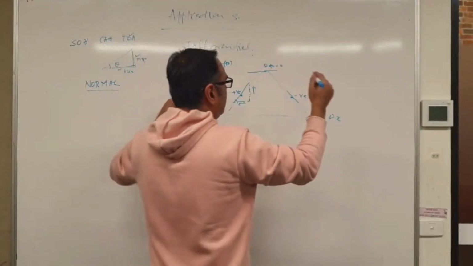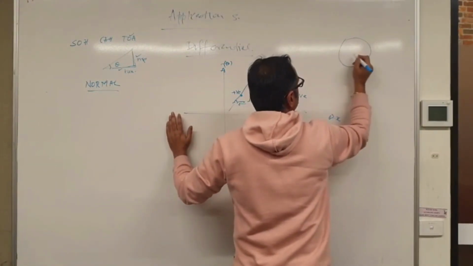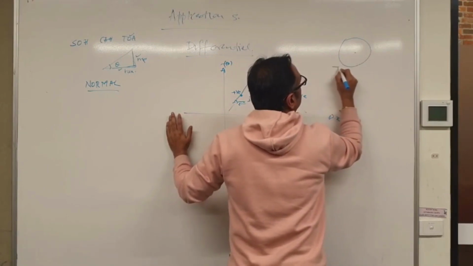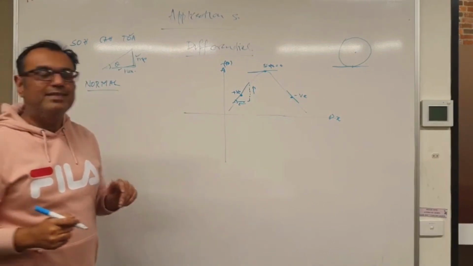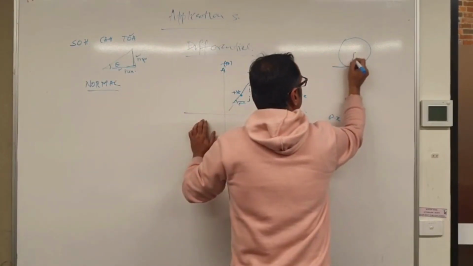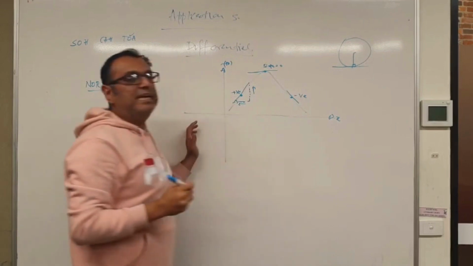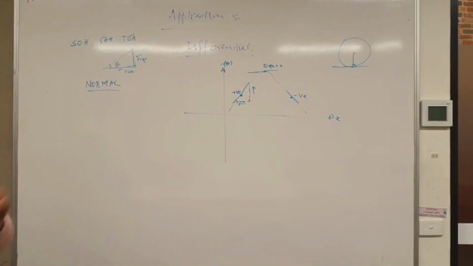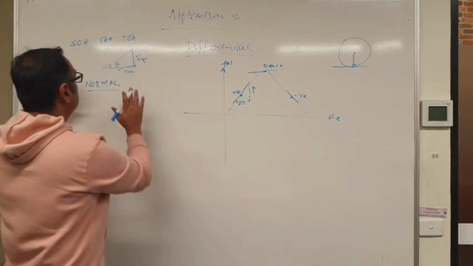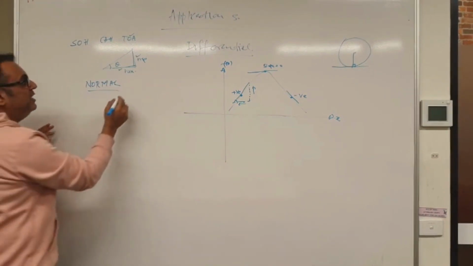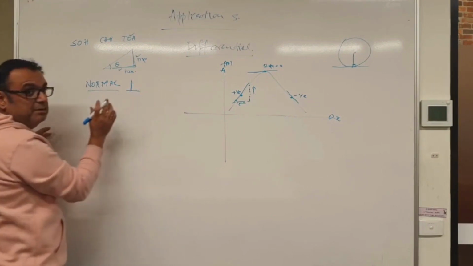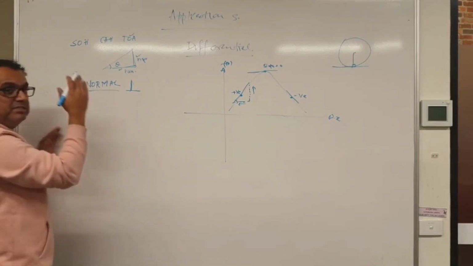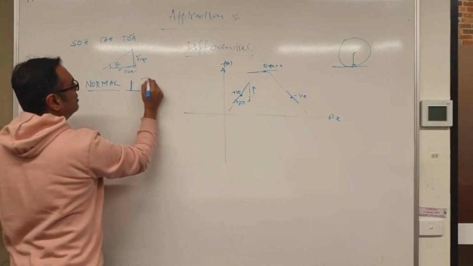So if I give you a very layman example of a circle, and let's say you've got a tangent at a point on the circle, then the normal is the perpendicular drawn from the center to the point where the tangent is drawn. So the tangent and the normal are perpendicular to each other. This is the geometrical symbol of perpendicular. That means that they make a 90-degree angle with each other.